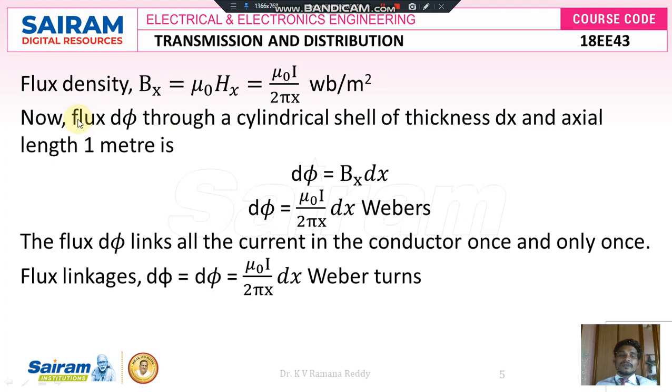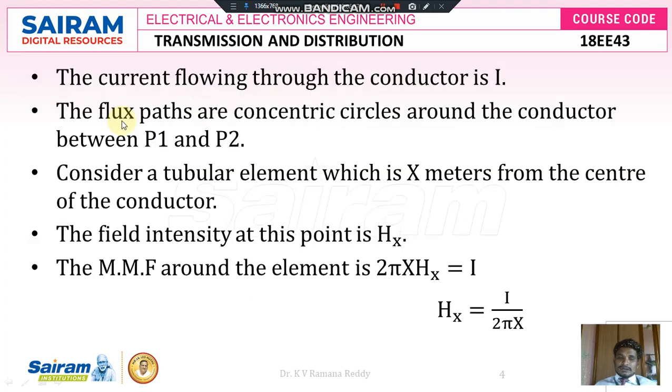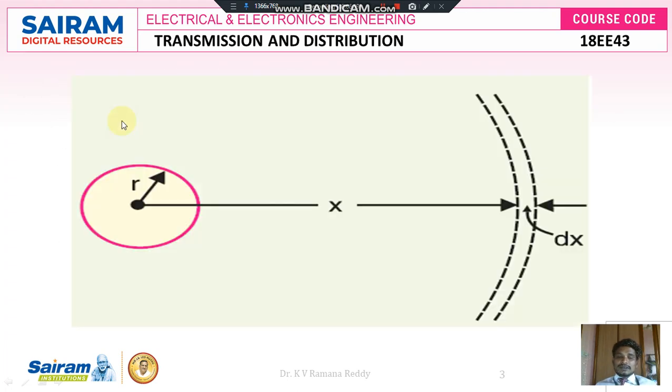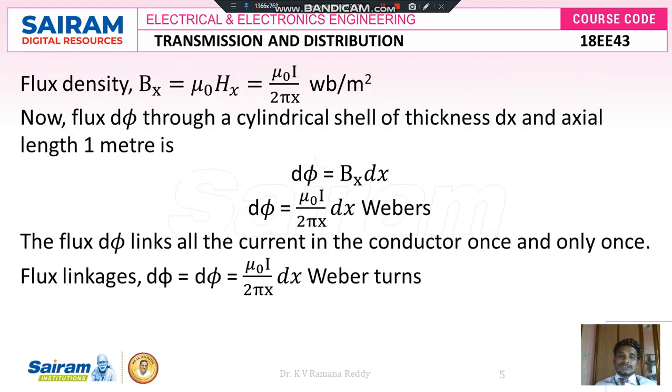Now the flux d phi, that is nothing but the small change of flux through a cylindrical shell of thickness dx at an axial length of 1 meter. That means the small change of magnetic flux, we can write mathematically the formula d phi equal to Bx into dx.